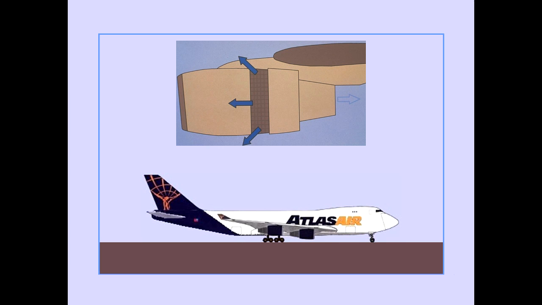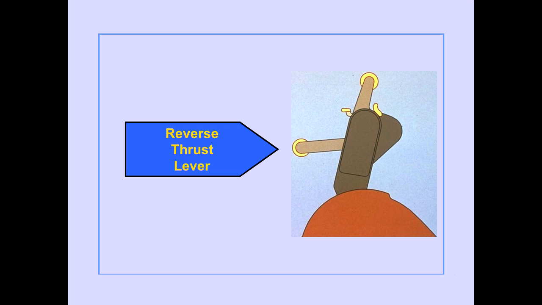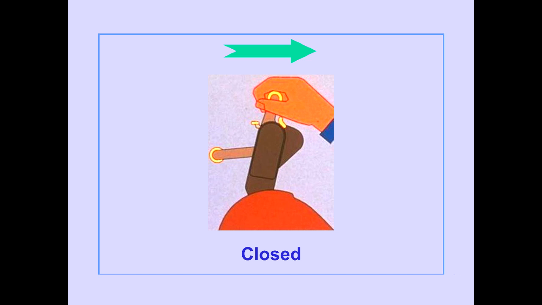To deploy the thrust reversers, the airplane must be on the ground. Reverse thrust levers are located on the forward side of the thrust levers. The forward thrust levers must be moved to the closed position before the reverse thrust levers can be raised.